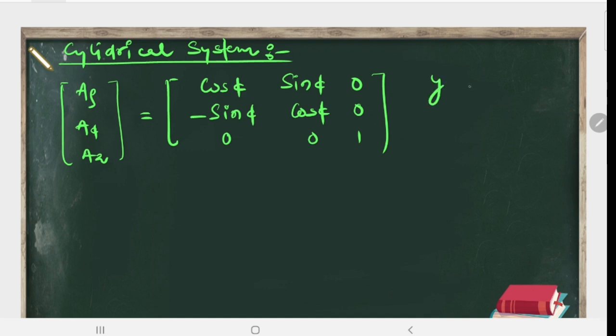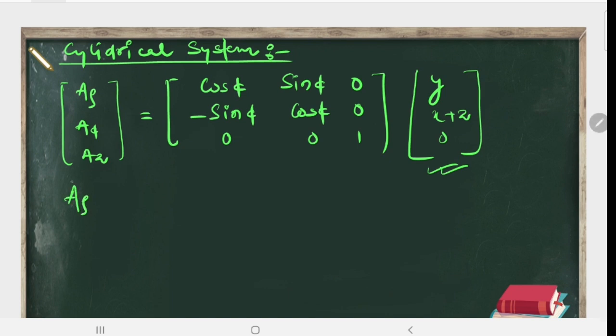Here we have to write the ax component, then the ay component of vector A and the az component of vector A. Using this matrix, we can convert a vector which is given in the Cartesian coordinate system into the cylindrical coordinate system.